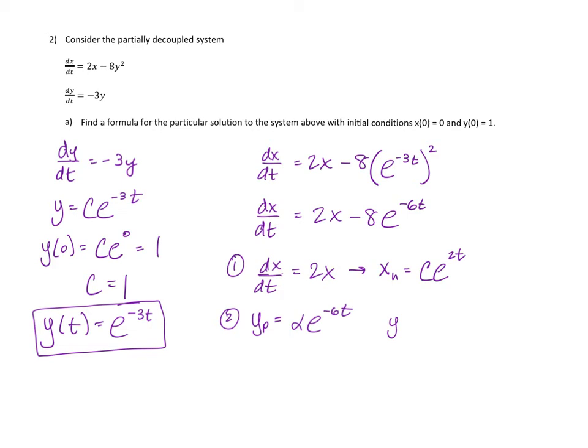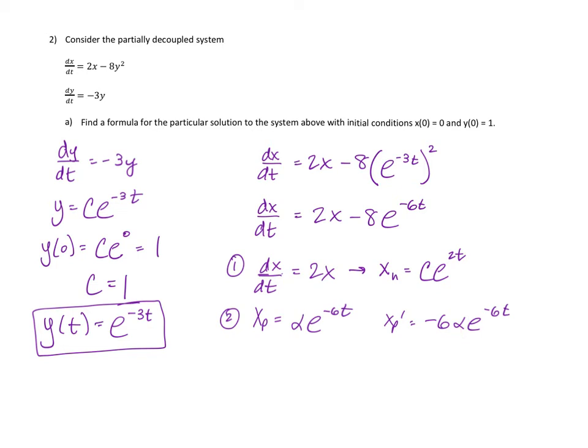We're so used to using y as the dependent variable, but it's x in this case. So x particular prime would be negative 6 alpha e to the negative 6t. Then we plug into the differential equation, see if we can find an alpha that makes this work.